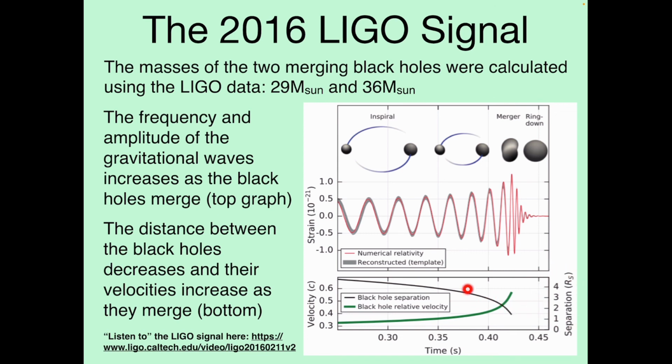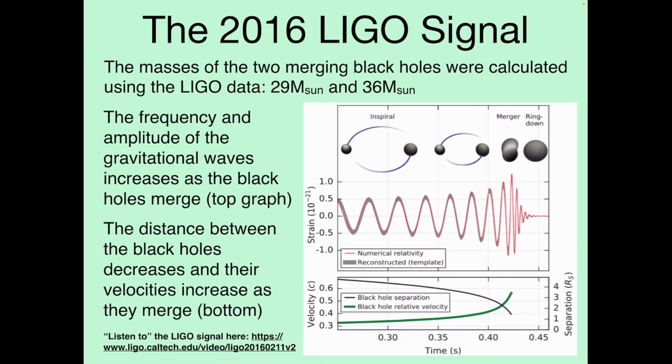So the black line shows us their separation, how close they are, and the green line shows us their velocity. So basically what's happening is they're getting closer together over time, the black line is going down, and their velocities are increasing until they merge together. And notice the velocities are very, very large, very close to the speed of light, in fact.